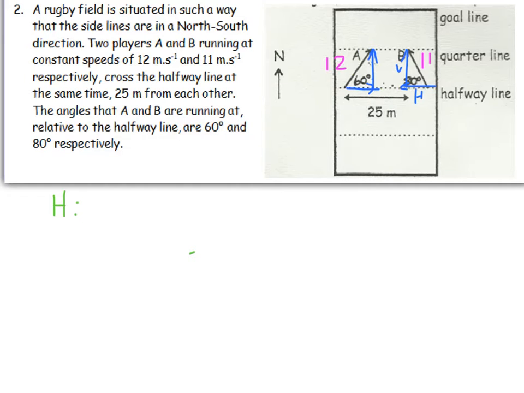is going to be cos of 60 is equal to the adjacent side over the hypotenuse. So it is going to be equal to a horizontal over 12, and a horizontal will turn out to be equal to 6 meters per second.